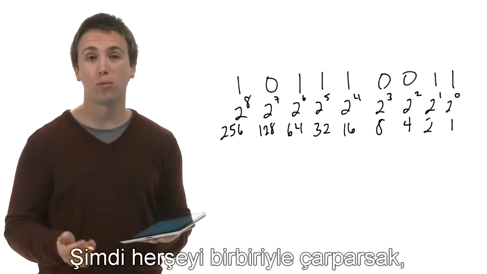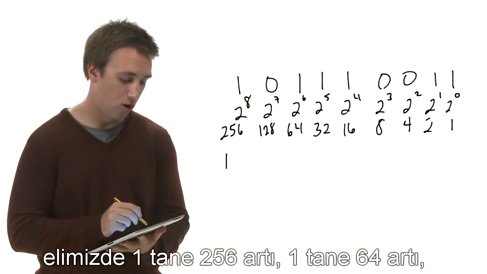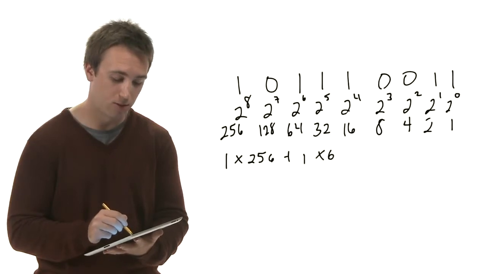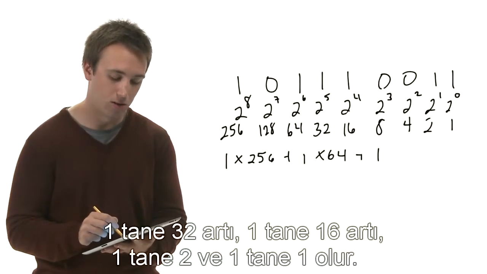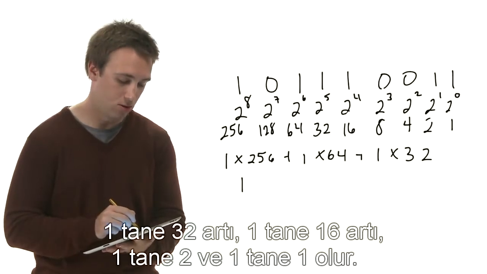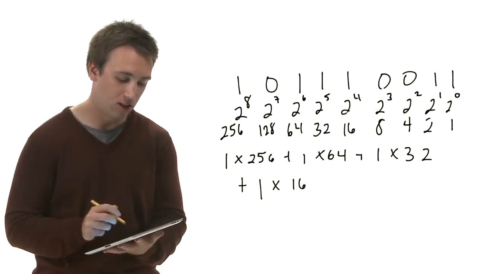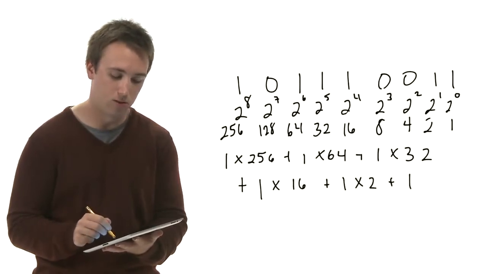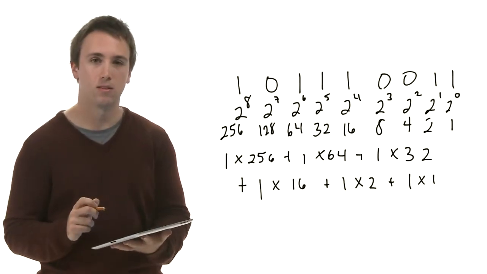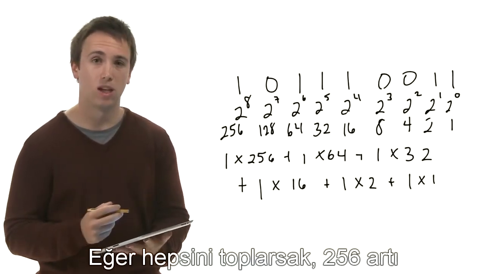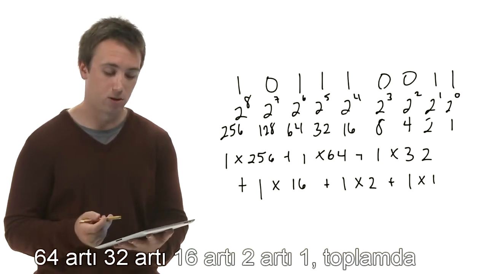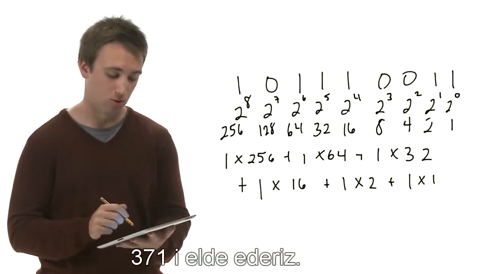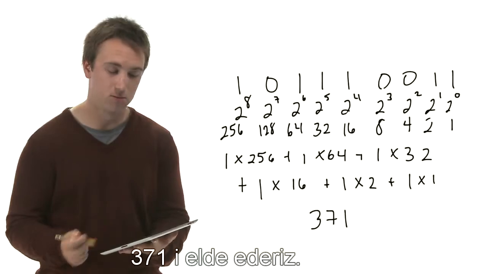So now, if we start multiplying everything together, we have 1 times 256 plus 1 times 64 plus 1 times 32 plus 1 times 16 plus 1 times 2 and 1 times 1. So if we sum all of that together, we get 256 plus 64 plus 32 plus 16 plus 2 plus 1, all for a grand total of 371.